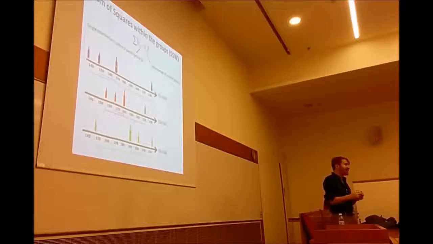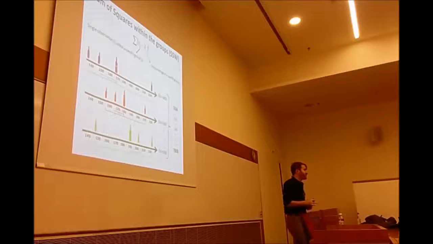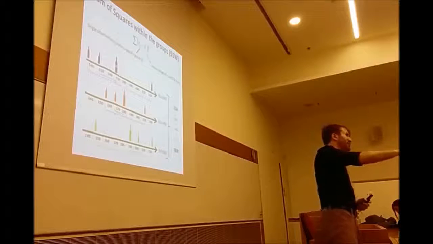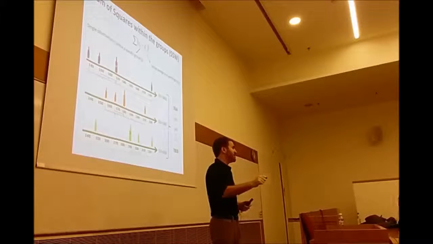SS within, or in other words, SSW, is simply the sum of these. You take one sample, you calculate the sum of squares. You take the other sample, you calculate the sum of squares. You take the third sample, you calculate the sum of squares.